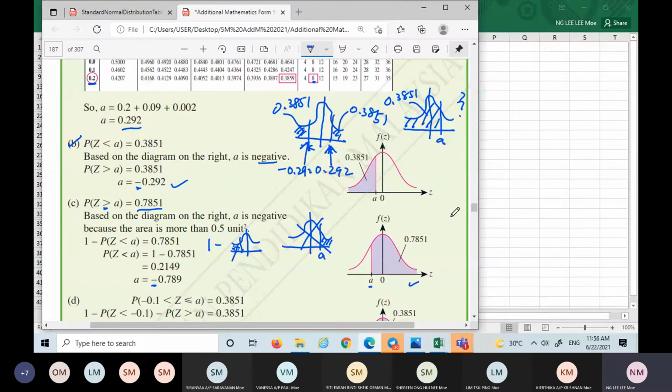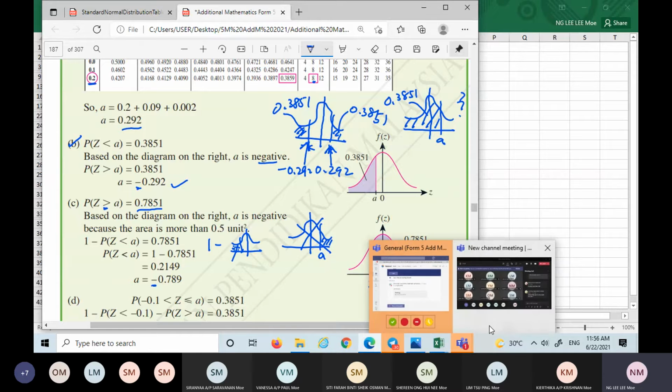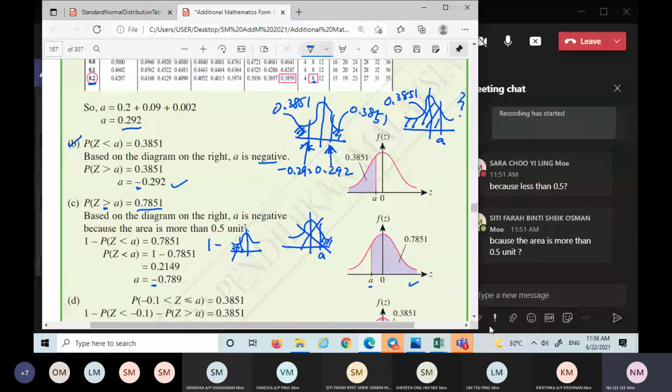Anyone want to tell me? My question is, how to get this area that I label dot dot dot? Because this area is too big, it's not in the table.